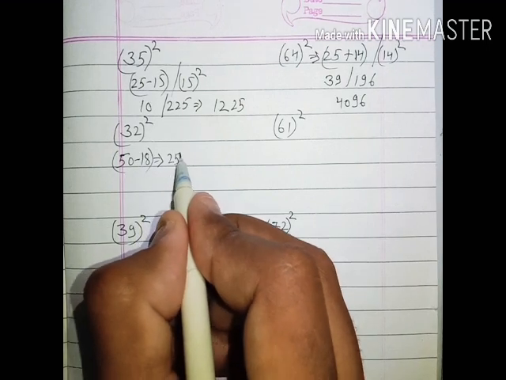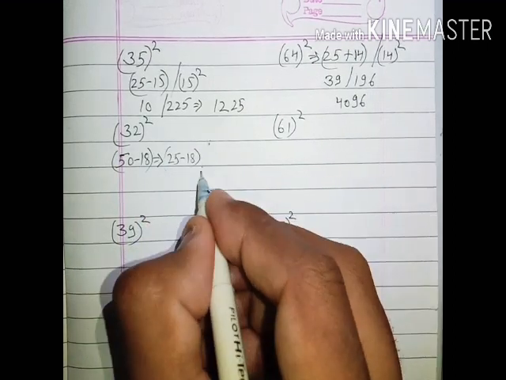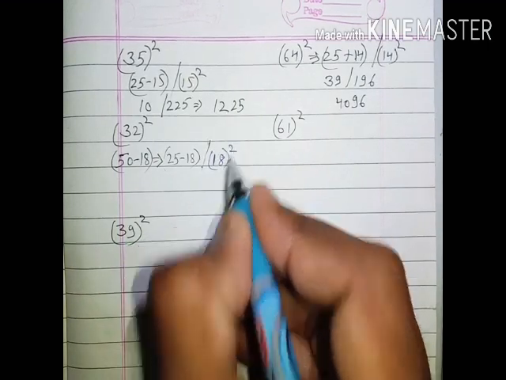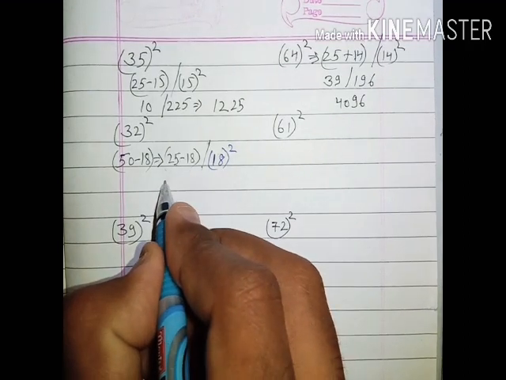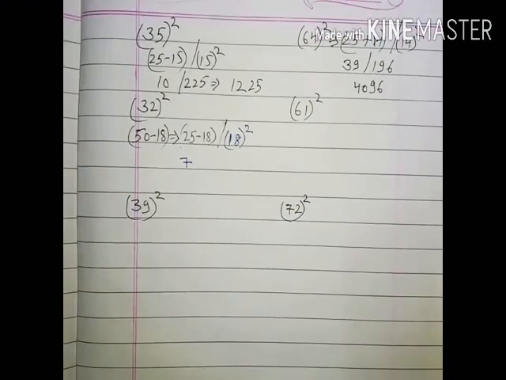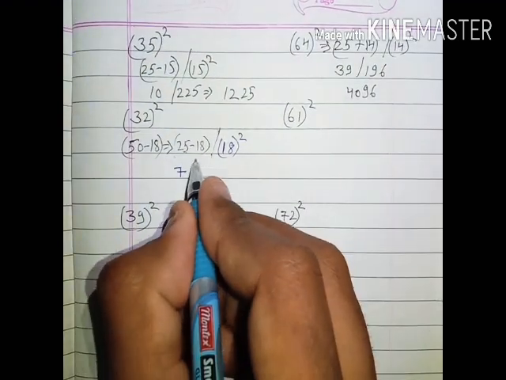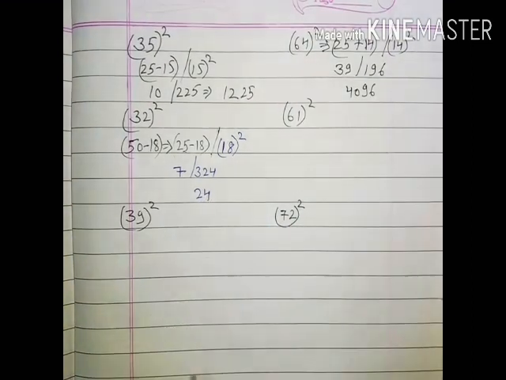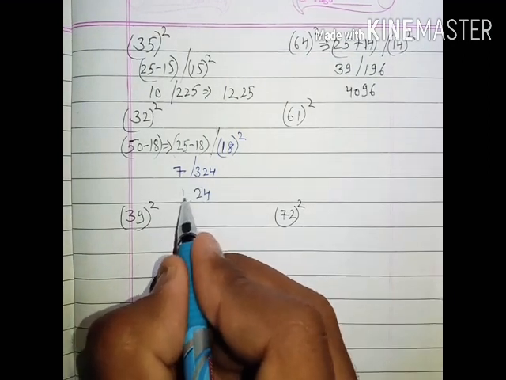So we subtract 25 minus 18, and on the other side the square of 18. 25 minus 18 becomes 7, and the square of 18, which we have done earlier, is 324. We write only 2 digits on the right side and 3 is carried to the left. 7 plus 3 becomes 10.